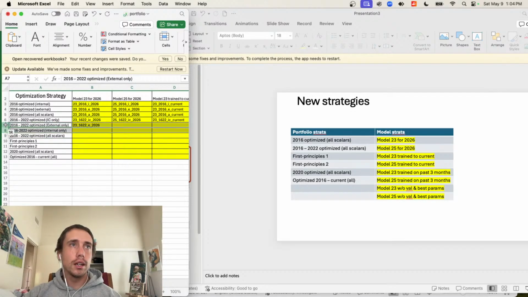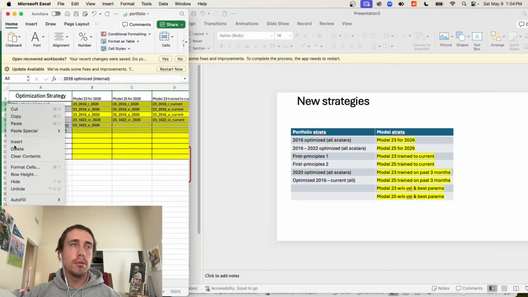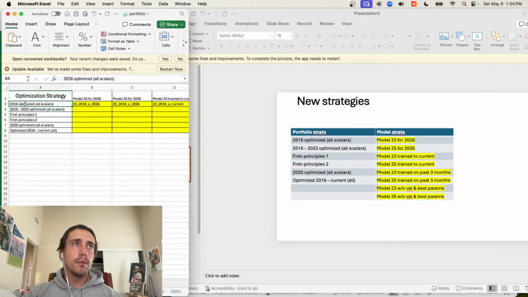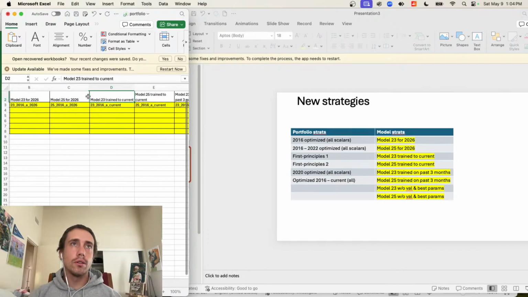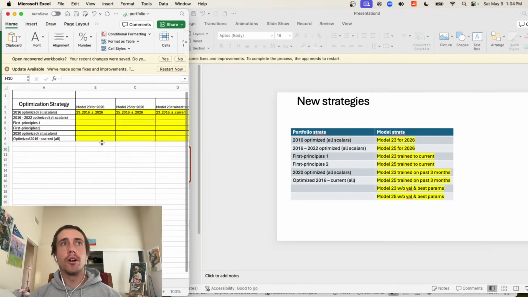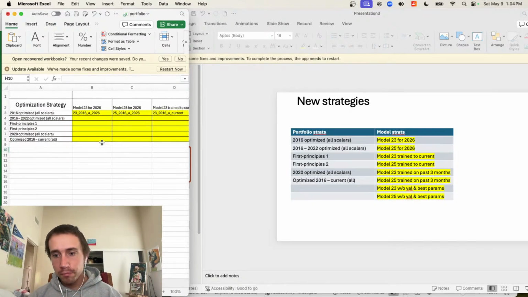Get rid of that, and that. Okay, so that's a lot simpler. So now we have 1, 2, 3, 4, 5, 6. 1, 2, 3, 4, 5, 6, 7, 8. So 48 models instead of like 200.